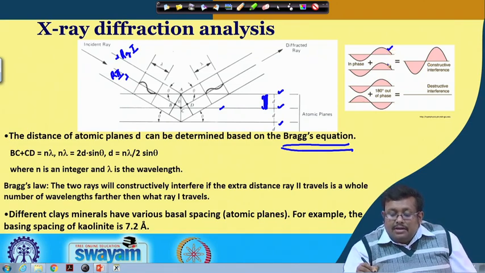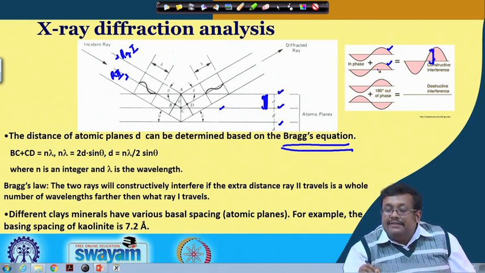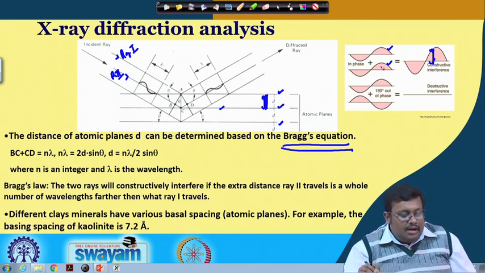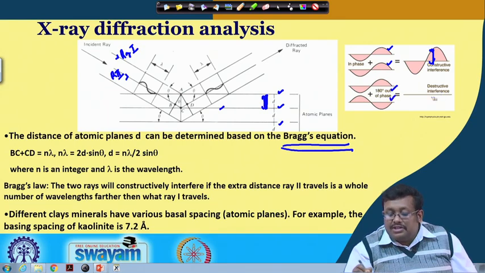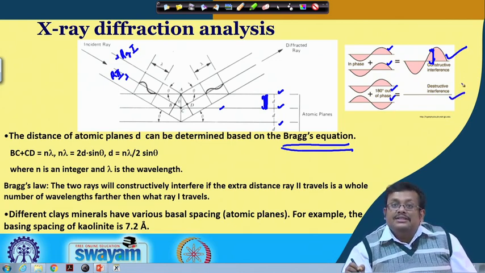You can see these two waves are in phase, and when those two in-phase waves combine, they form constructive interference, which has higher amplitude than the individual waves. Here you can see these two waves are out of phase, so they basically nullify themselves. So, this is an example of constructive interference and this is an example of destructive interference.